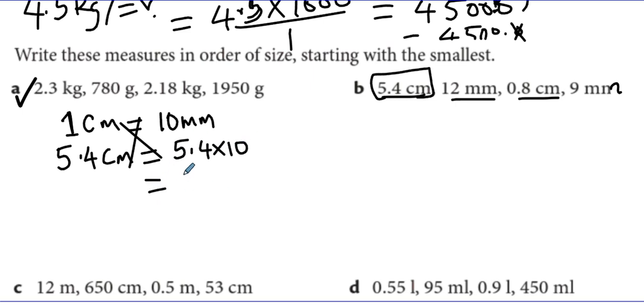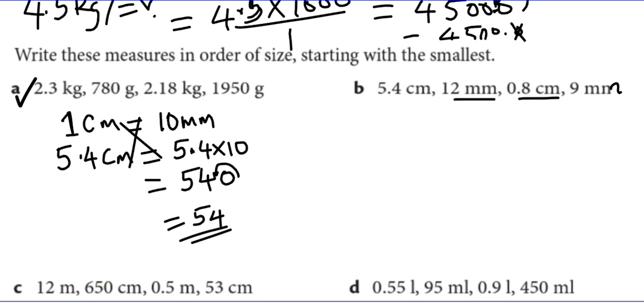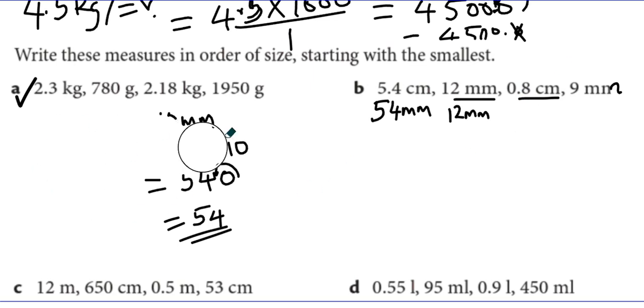And this will be equal to 540, and then count 1 decimal place. This will be equal to 54. So in other words, 5.4 centimeters is the same as 54 millimeters. So 12 millimeters will remain the same, but 0.8 centimeters will have to be changed into millimeters.